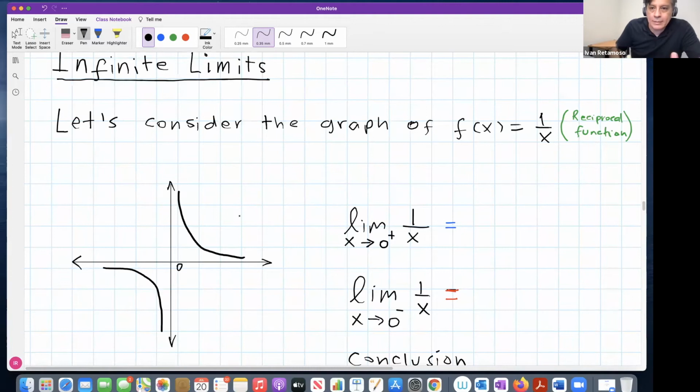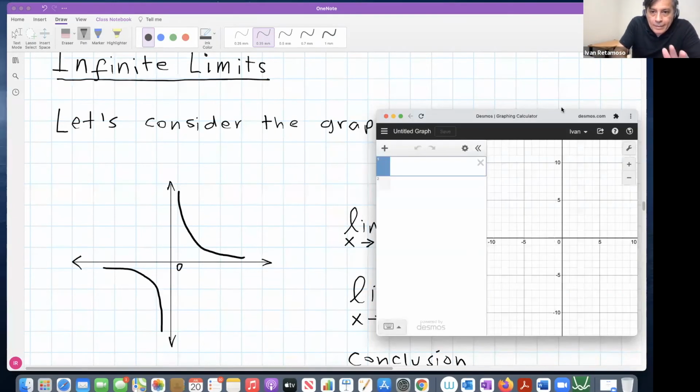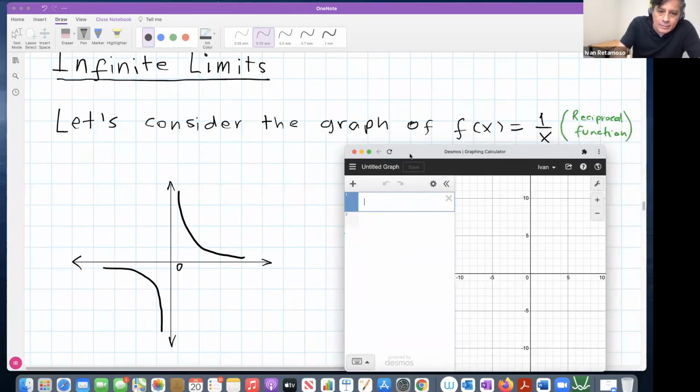Professor, what is the graph of this? Guys, if you don't see this clearly, use your tool, the Desmos grapher. It's going to help you visualize this. 1 over x. Look at this. Now, when you use this tool, you've got to be careful. It's a basic grapher. Notice the curve never touches the y-axis, and never touches the x-axis.